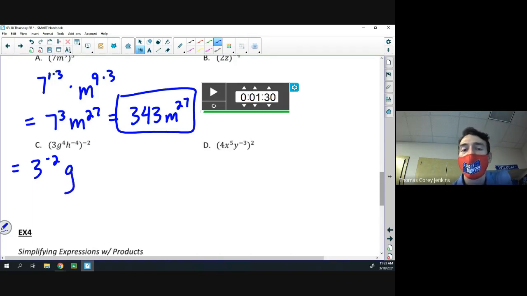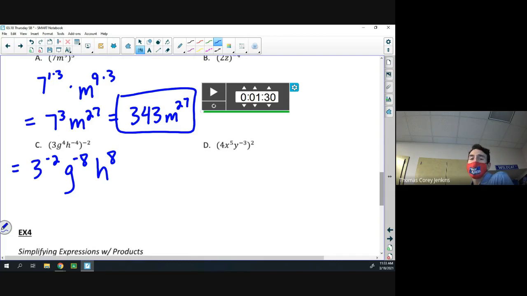G is to the 4th power, so I'd take 4 times -2 to get -8. And H is to the -4, so we go -4 times -2 to get +8 as my exponent for H. I'm showing a little bit less work on this one because I have a little bit more work on the back end. Everybody with me so far?